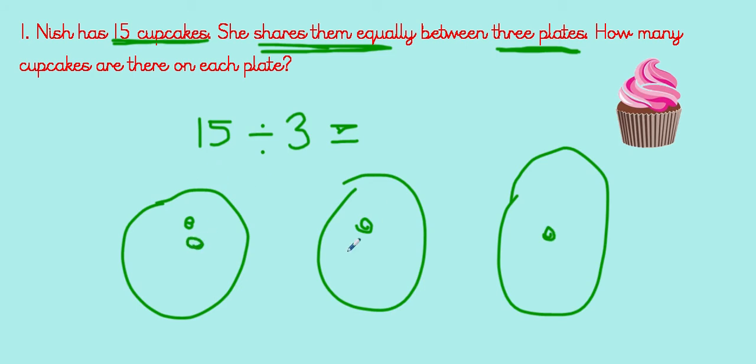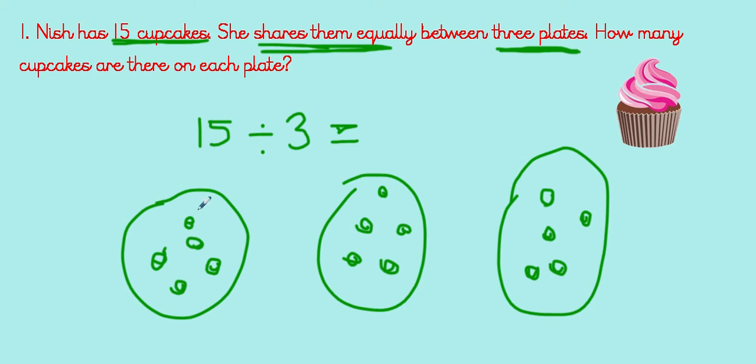4, 5, 6, 7, 8, 9, 10, 11, 12. We need to keep going. 13, 14, 15. I can stop now because I've reached my total of 15. Now to find out our answer, we need to find out how many cupcakes are on each plate.